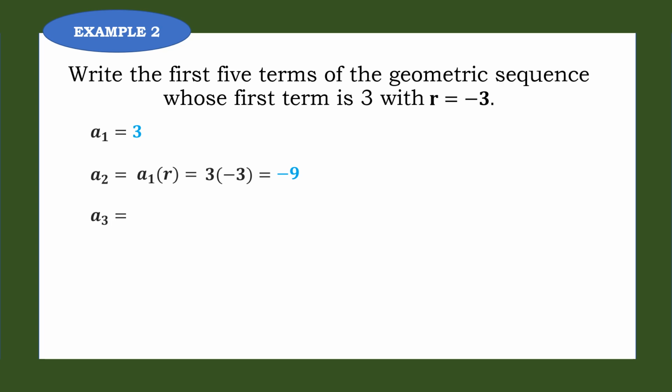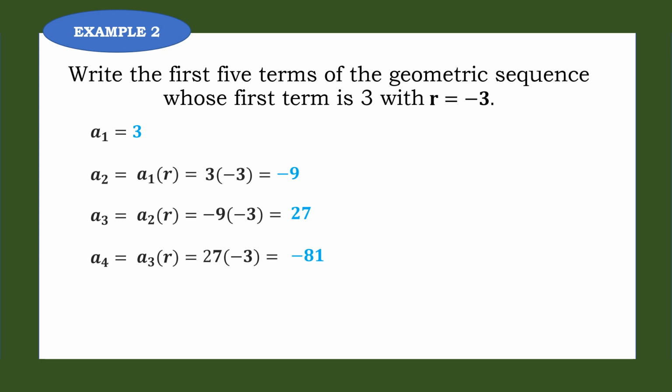Now, to get the third term, we simply multiply the second term and the common ratio, and that is negative 9 times negative 3 equals positive 27. So the third term is positive 27. To obtain the fourth term, we multiply the third term and the common ratio, and that is 27 times negative 3 equals negative 81.